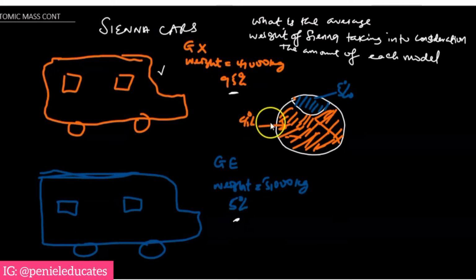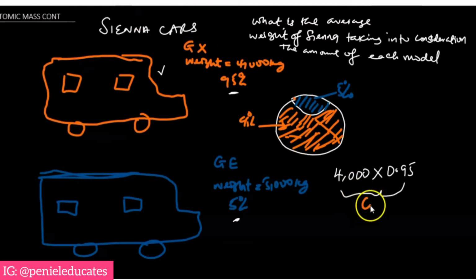So I'm going to take this maths, that is 4,000 of this particular one, then multiply by the abundance, the amount of the Sienna cars that we have in the system, and I'm going to convert into decimal, so 0.95. This is for the Sienna GX. Then I'm going to add it to this particular one, which is 5,000 kg, that's the weight.